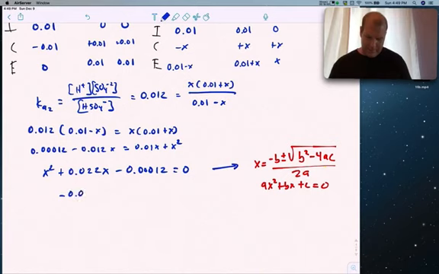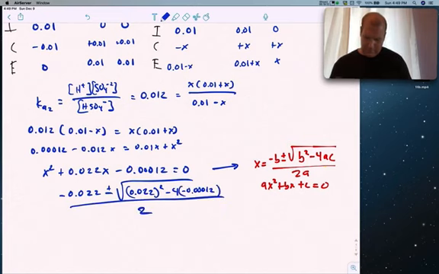Minus 0.022 plus or minus the square root of b squared, 0.022 squared, minus 4 times a is 1, c is minus 0.00012, all over 2a, which is that.